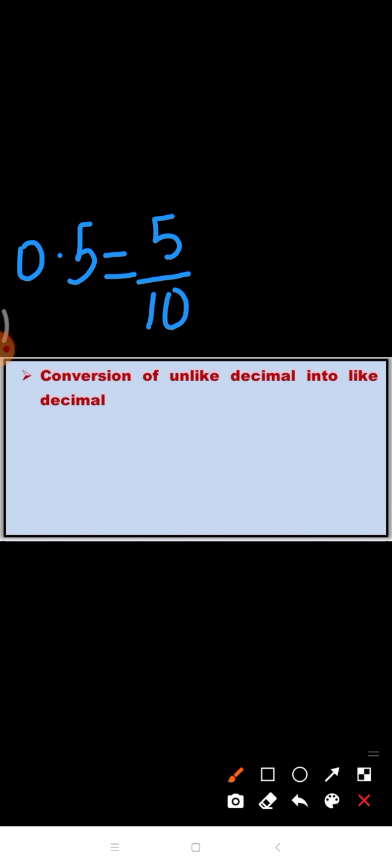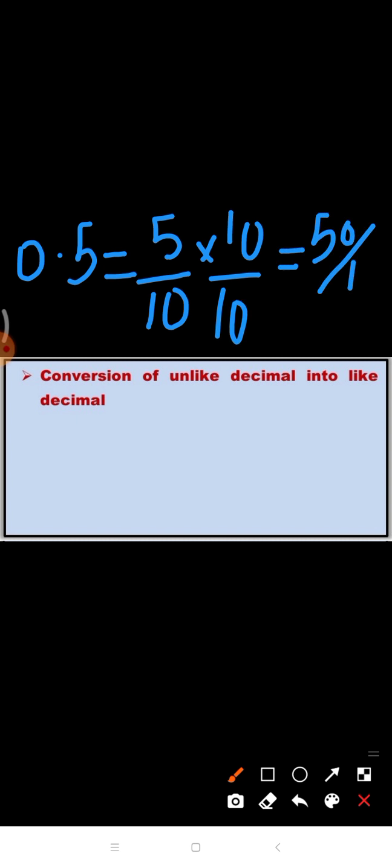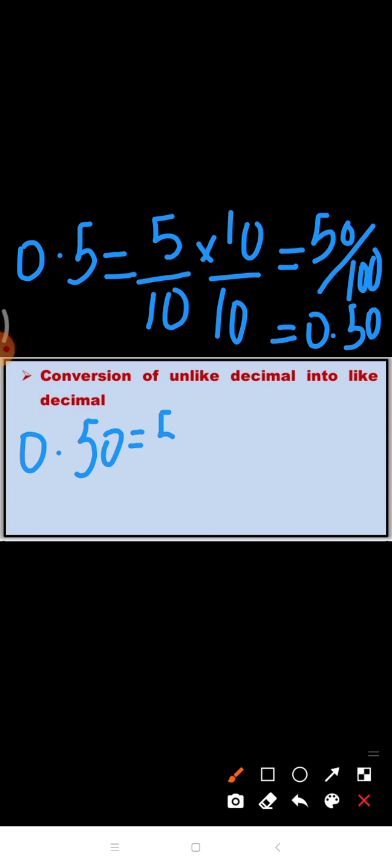Now multiplying both numerator and denominator by 10, we will get 50 upon 100, which is equal to 0.50.